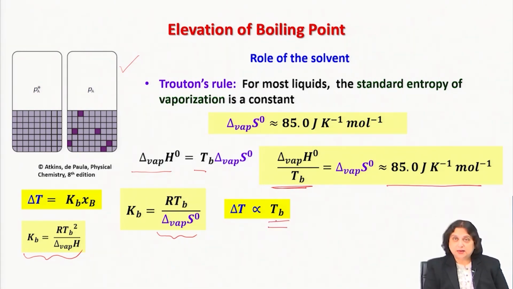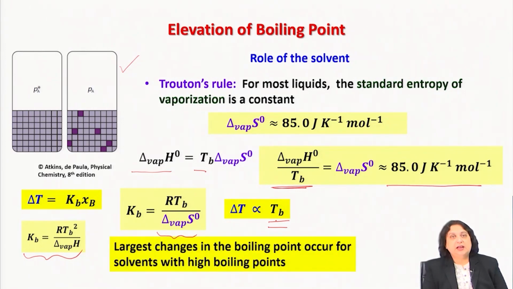So what does it mean? What is the implication of this apparently very simple expression for the elevation of boiling point? It means that the largest changes in the boiling point occur for solvents with high boiling point.